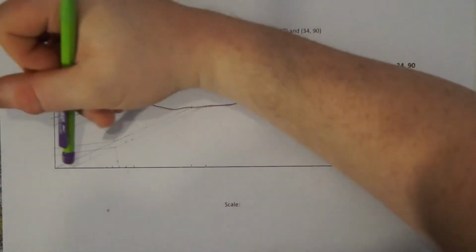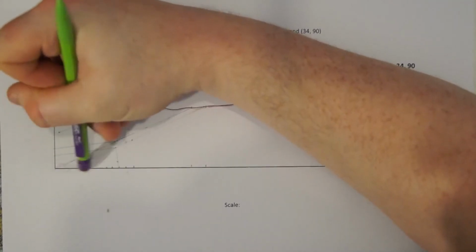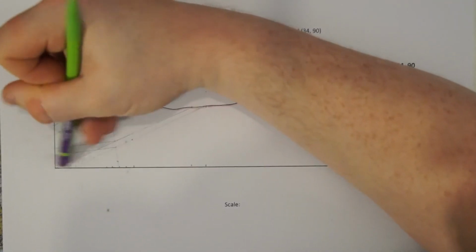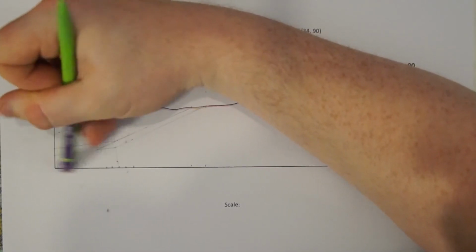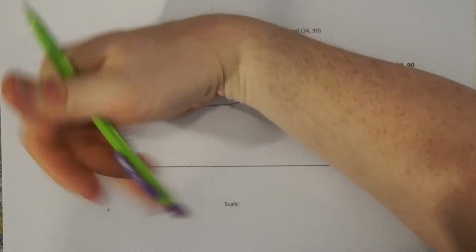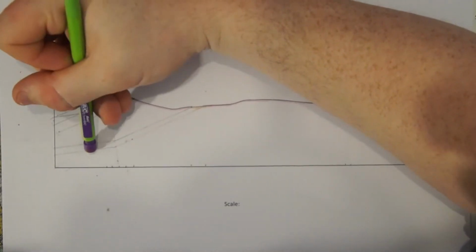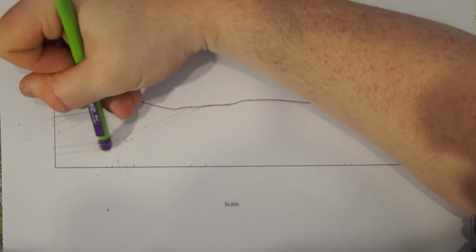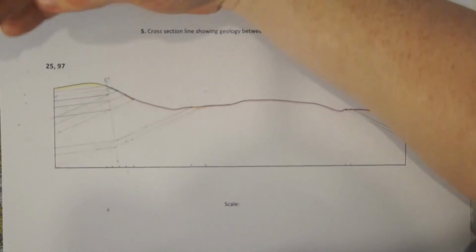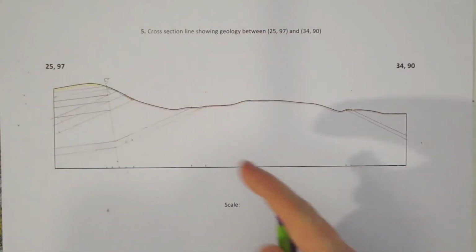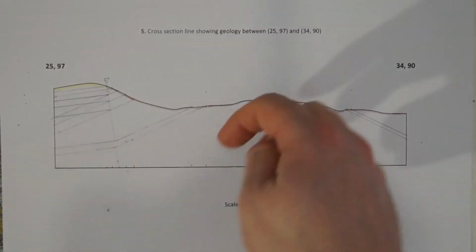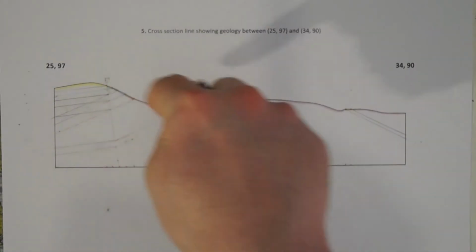So I can get rid of the bedding plane that I had originally drawn, so that now I have a more realistic bedding plane that follows or agrees with our angles of dip that we've measured on the surface.